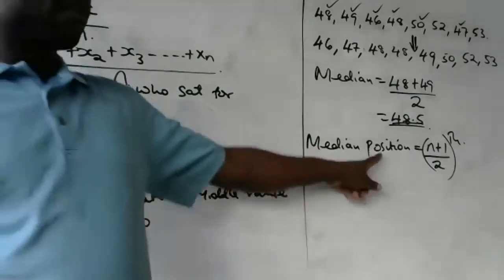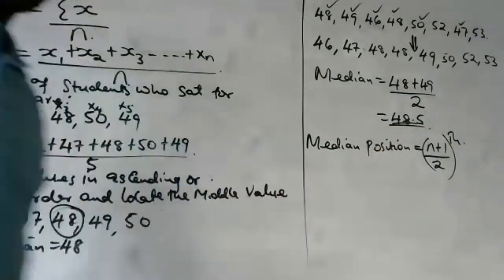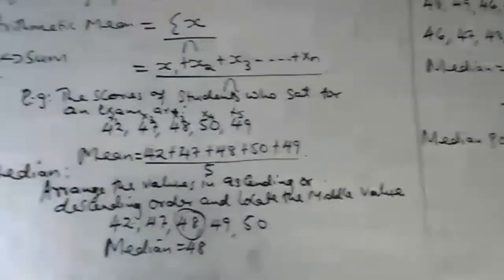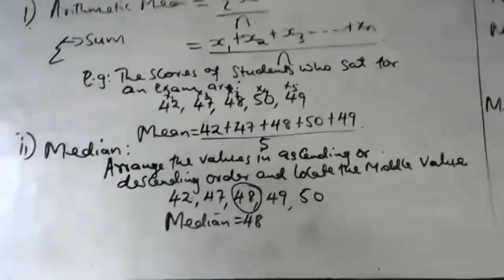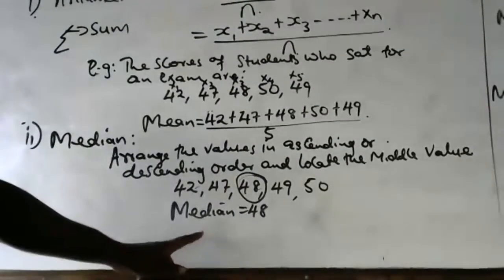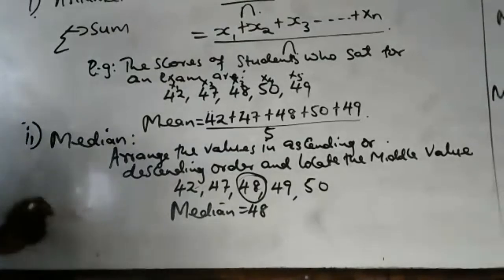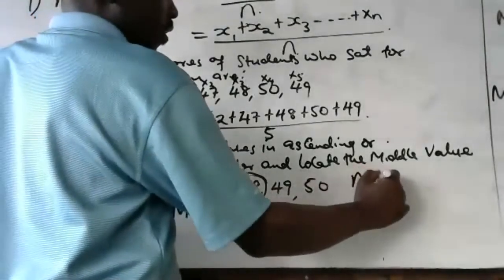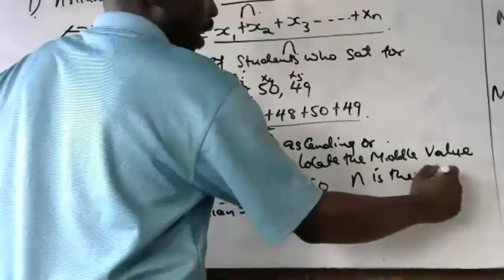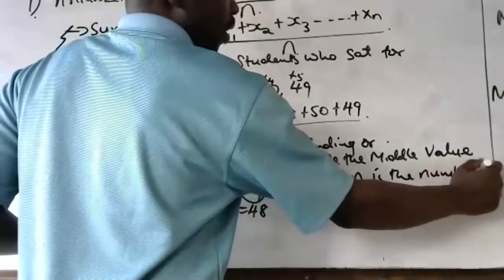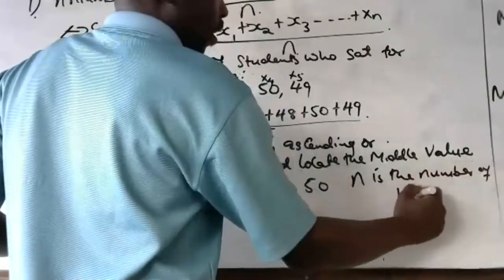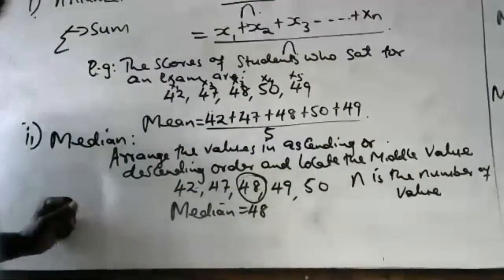It is not the median value, it is the median position. Like for example, in our example here, n, remember, is the number of values.